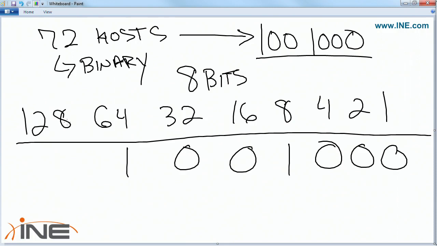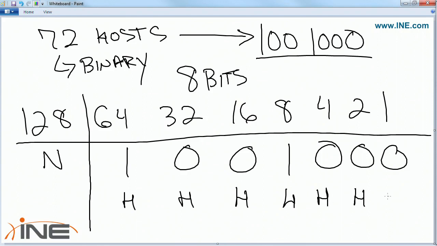It means that when I create the number of bits that go to the network, the farthest I can go is here. So this could be my last network bit. The rest of these are going to have to be for the hosts, because otherwise I can't fit that many hosts in an individual subnet.